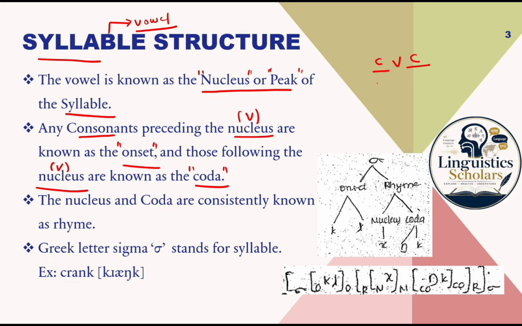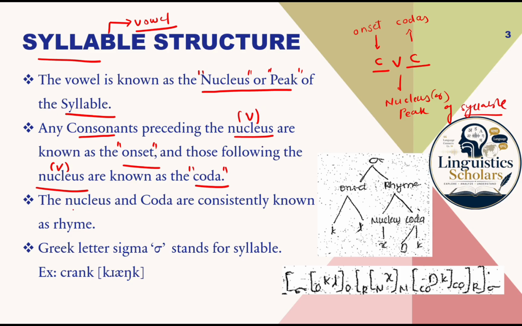So we have the vowel, and it is preceded or followed by one or more consonants. That is what we discussed in the previous slide. These consonants are called onset, these consonants are called coda, and this is called the nucleus or peak of the syllable.